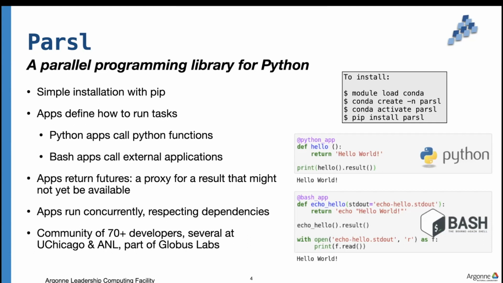One thing that takes a little time to wrap your head around about how Parcel works is that apps, instead of returning the result directly, return a Python future, and I'll talk about this in more detail. You can think of the future as basically a proxy for a result that may or may not have returned yet.